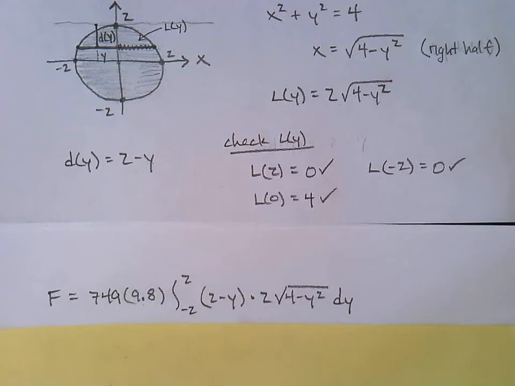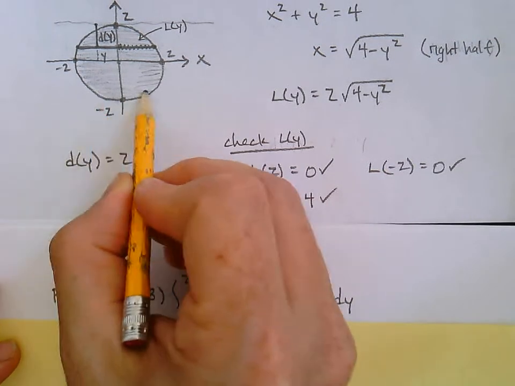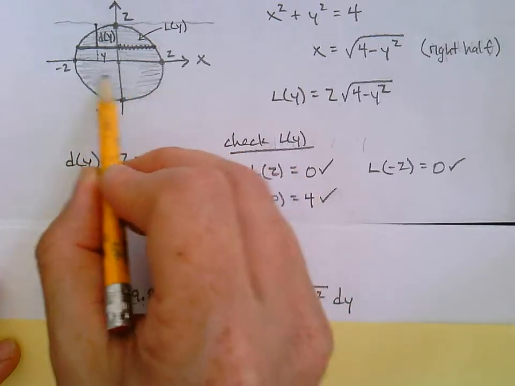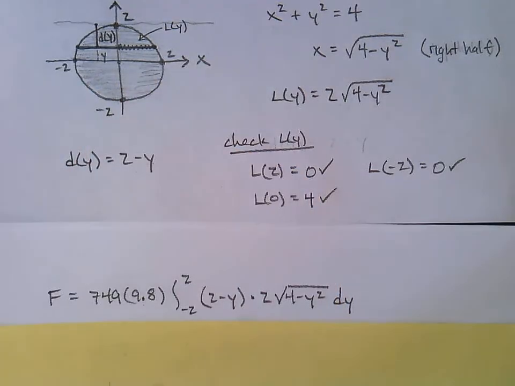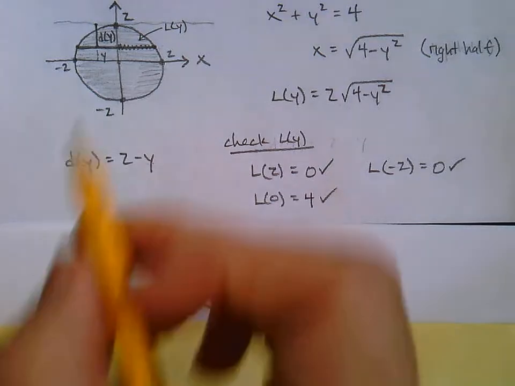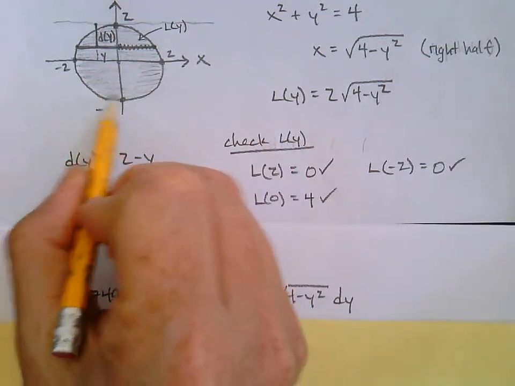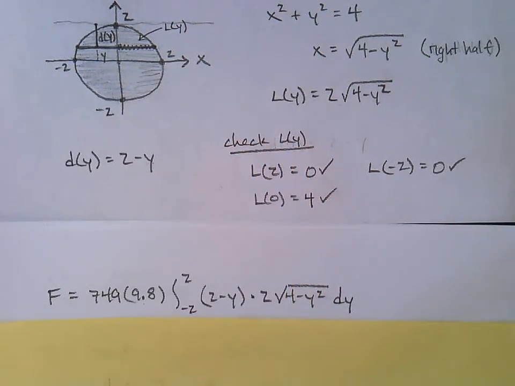Turns out it doesn't matter because all we're doing is adding up all of those little length times depths. It doesn't matter if we start from the top and go down or start at the bottom and go up. It just depends on the way you set up your drawing in the first place. What you do want to be sure of, when you set up your integral, is that it's from least to greatest, -2 to +2.